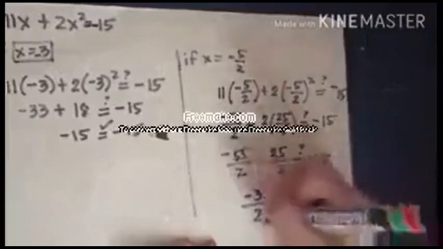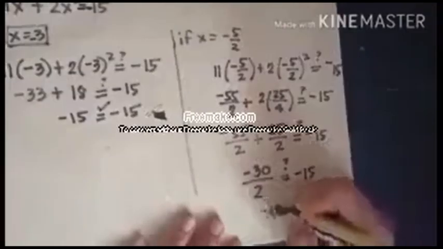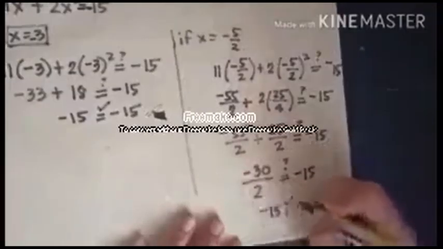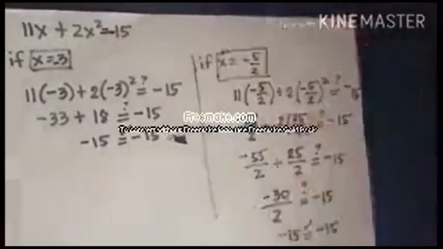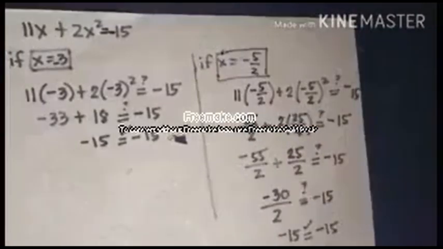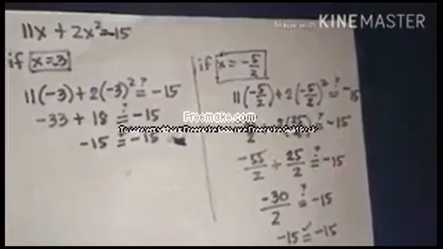So negative 30 over 2 is actually negative 15. So therefore, x is equal to negative 5 over 2 is also a real root or real solution of the quadratic equation 11x plus 2x squared is equal to negative 15.